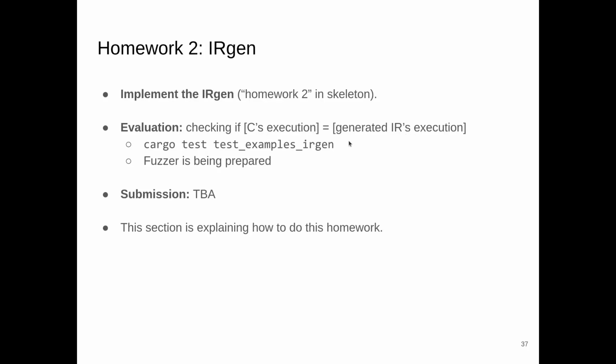It is checked for some set of examples that is already in the repository. Also, there is a fudger provided. The fudger will randomly generate the test inputs and see if this criteria holds for the randomly generated C programs. If these two criteria are met, then you're going to be okay. Your submission will be marked as okay.